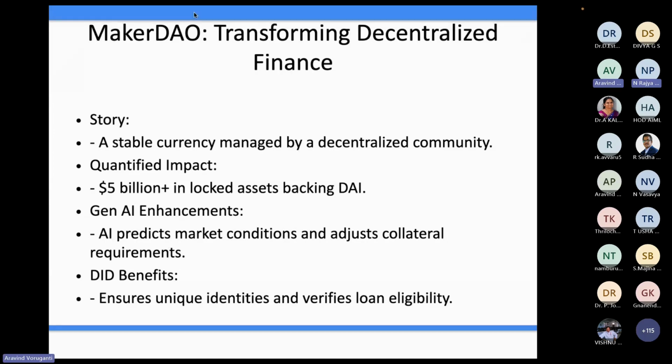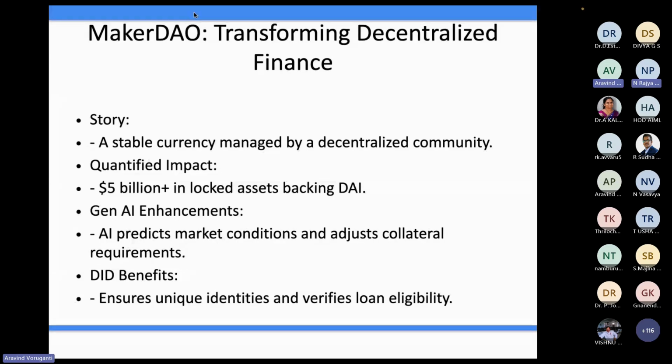And the beauty is they have $5 billion worth of tokens backing this stable coin. If the value of the assets fluctuates, they adjust the supply of stable coins in the market.